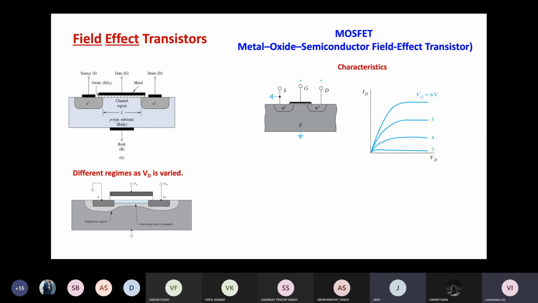It becomes like a thin conductor, because the source is n-type, the drain is n-type, and in between also there are electrons now. So it becomes like a continuous n-type material. That way it behaves like a conductor, as you can see that the current is directly proportional to the voltage, at least in the beginning.